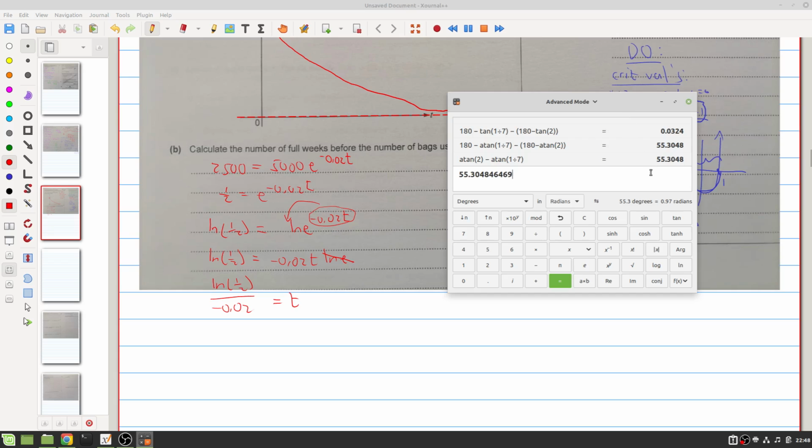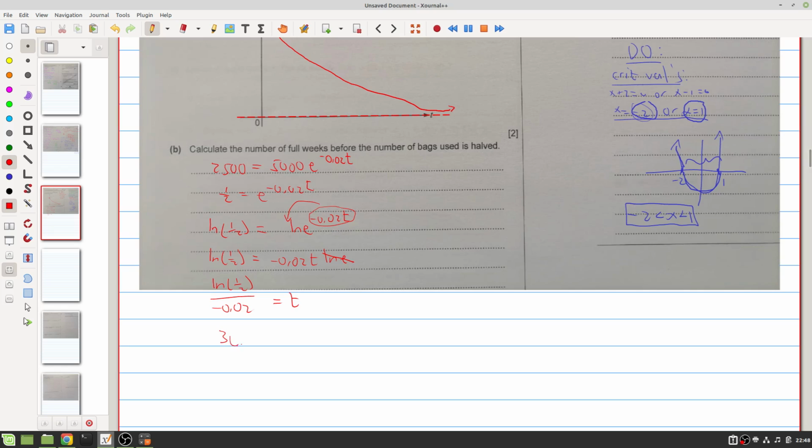So let's do ln of a half divided by negative 0.02. That gives us 34.6 something. So after 34 weeks, it's not going to be right, but after 35 weeks, we will have definitely reduced it.